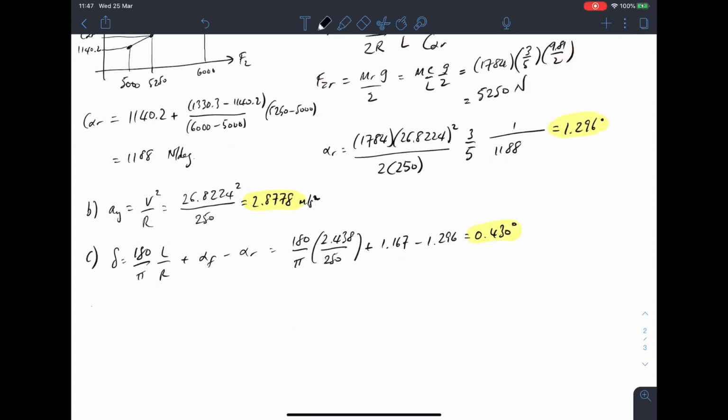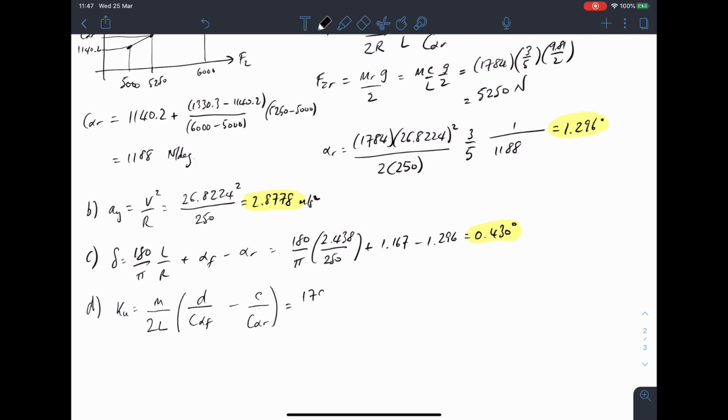Okay, part D asks for the understeer gradient. So that's Ku is m divided by 2l, and then we've got d upon C alpha F minus c upon C alpha R. And since the rear slip angle is greater than the front slip angle, we're looking for a negative number here. So let's work it out.